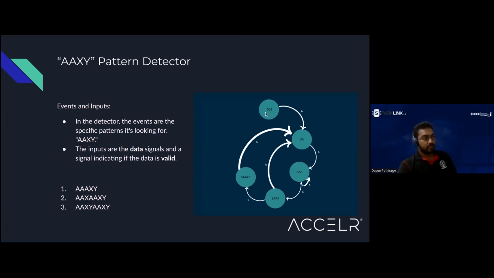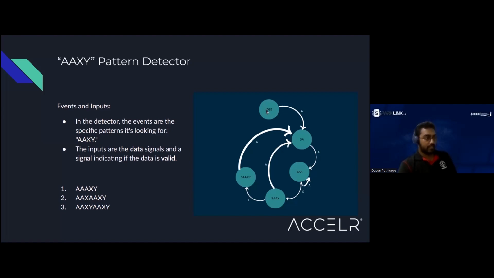If it is in the idle state and you get input A, it goes to state A. Here I have not shown you the else cases. I will show the else cases in the next slide.